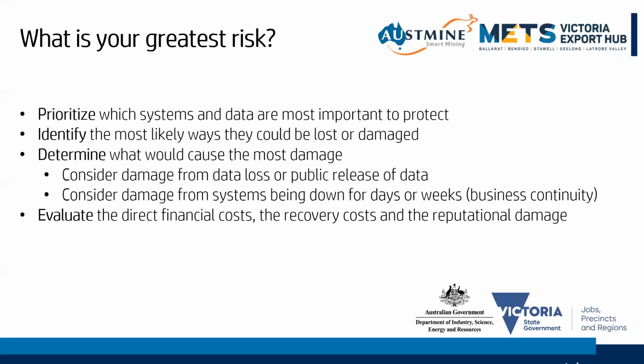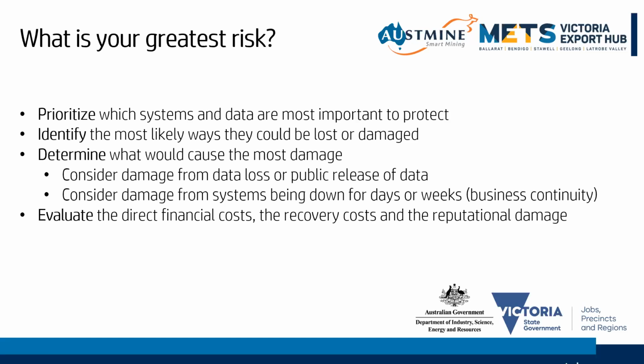You also need to identify the most likely ways that these key priorities could be lost or damaged. And then you need to determine what would cause the most damage to your business. Is it data loss or public release of data, for example? Or is it damage from systems being down for days or even weeks, or even just hours?